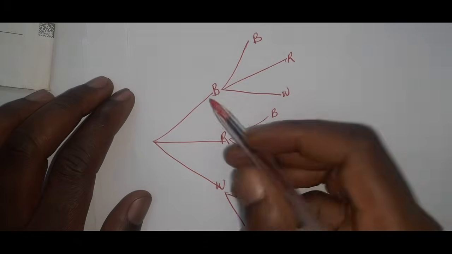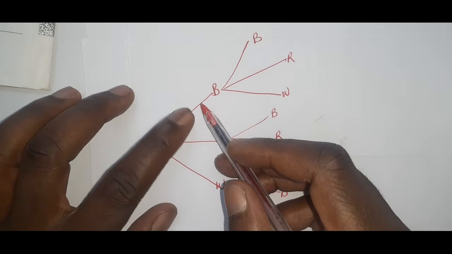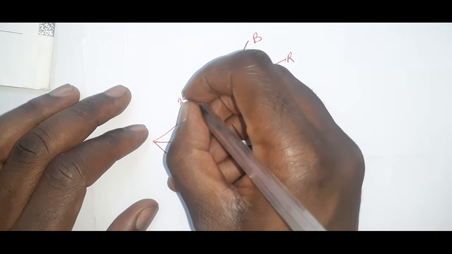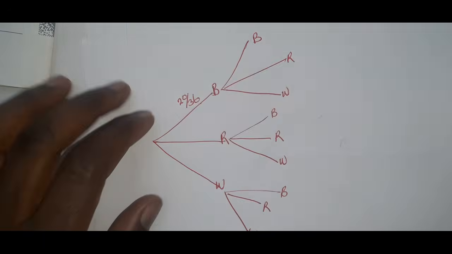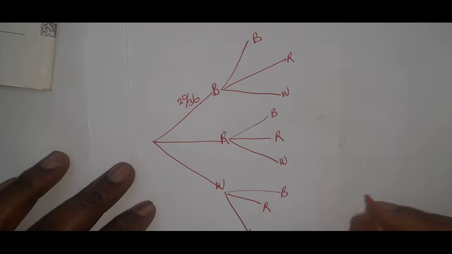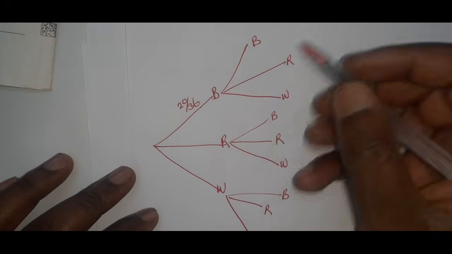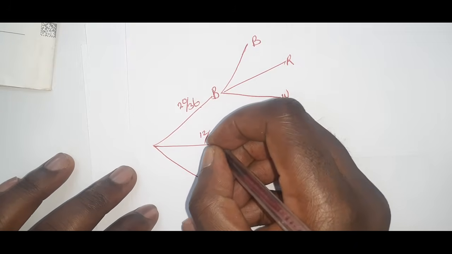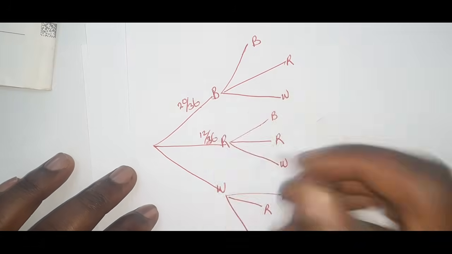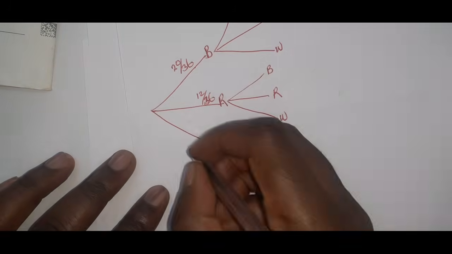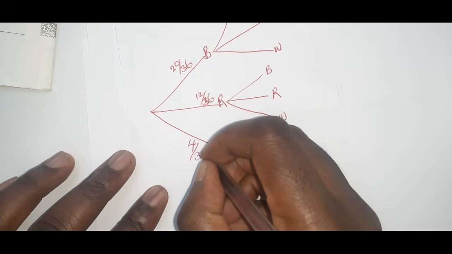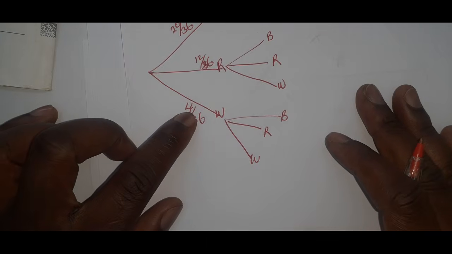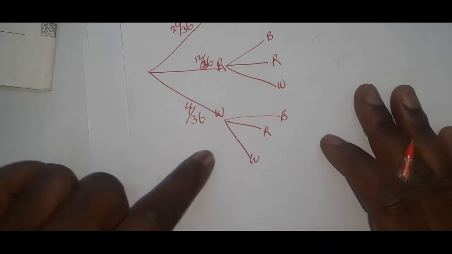Now, what is the probability that the first one to be picked is black? Here we are looking at how many blacks? There are 20, so 20 from 36. If the first one to be picked is red, it is going to be 12 over 36. Then the last one will be 4 over 36. If the first button picked is white, what is the probability that the second one will also be white?